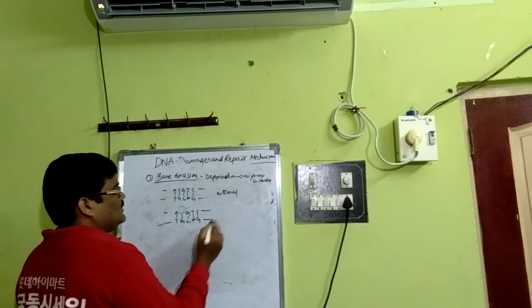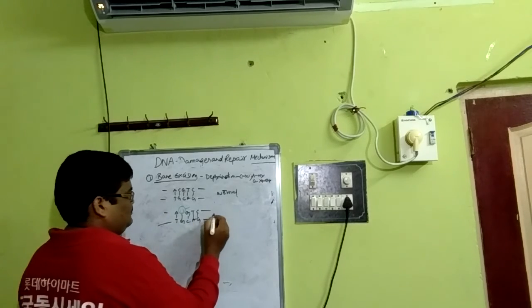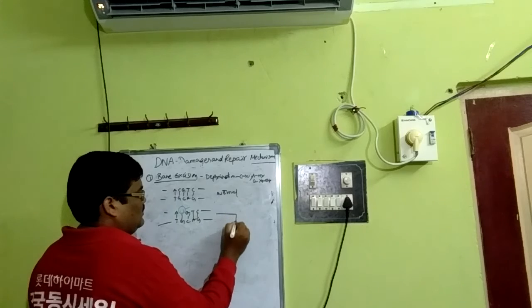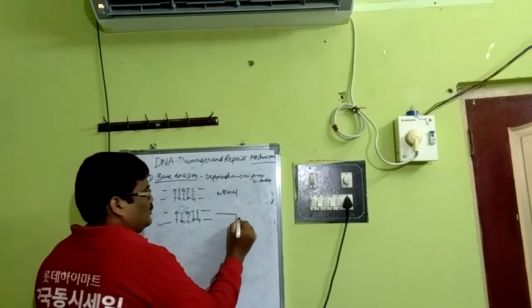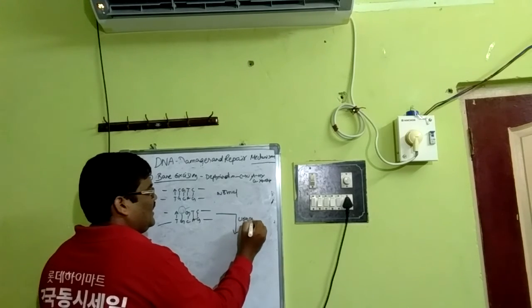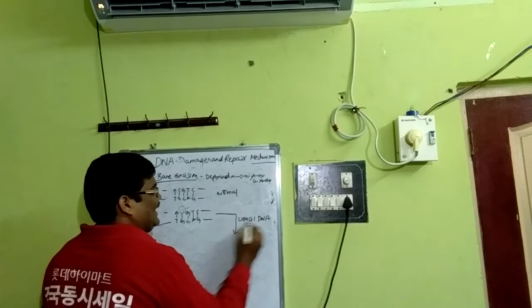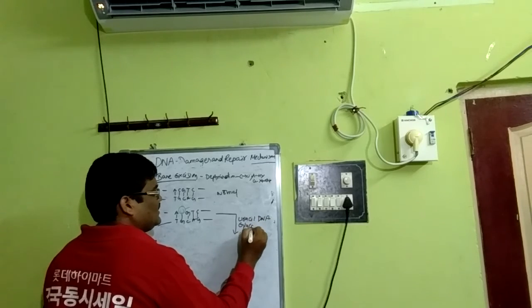Because of this, the first action is by uracil DNA glycosylase.